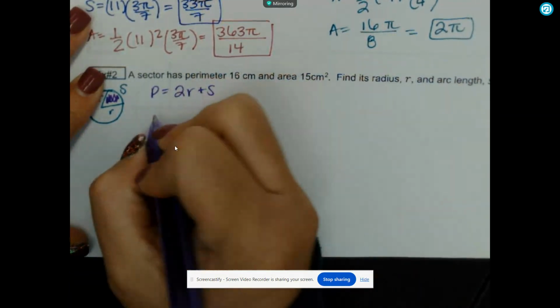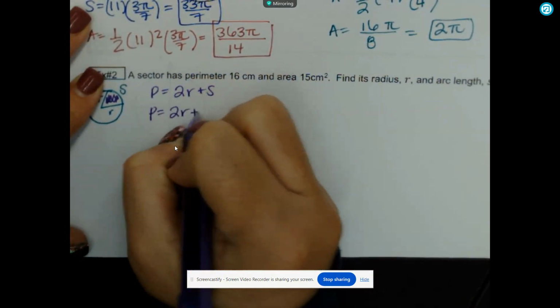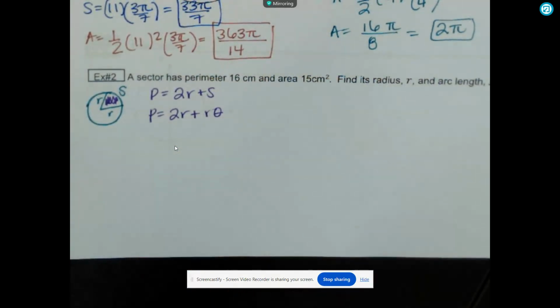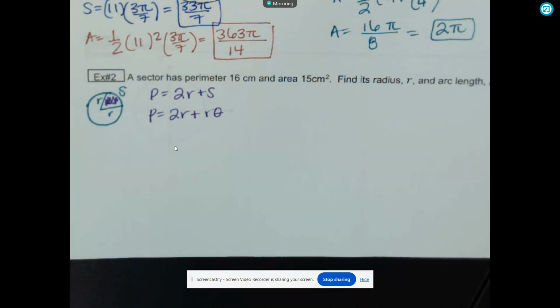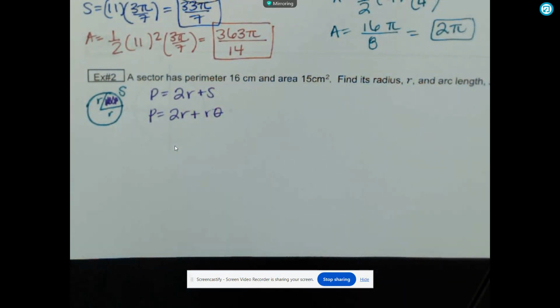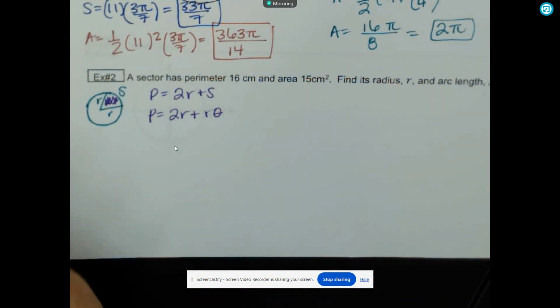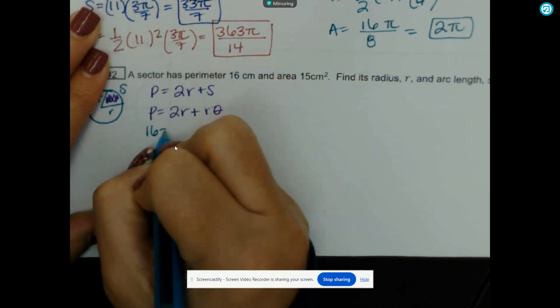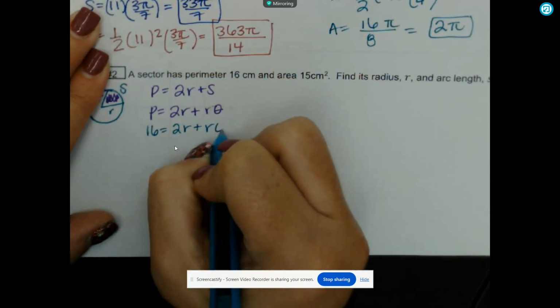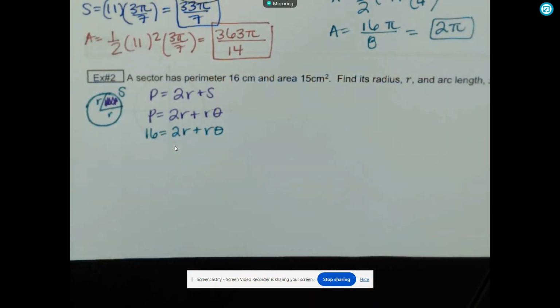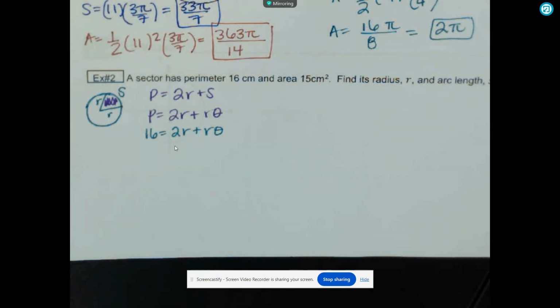So P equals 2R plus R theta, because I don't have an S, but I have an R theta. We know that the perimeter equals 16, so 16 equals 2R plus R theta. Well, here's my first standstill, because I don't know what R is, and I also don't know what theta is. So I still have two unknowns in this problem, and that doesn't do me much good.